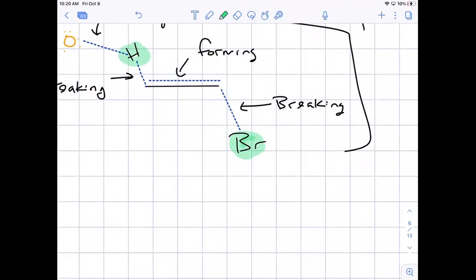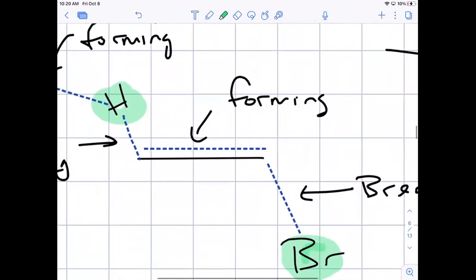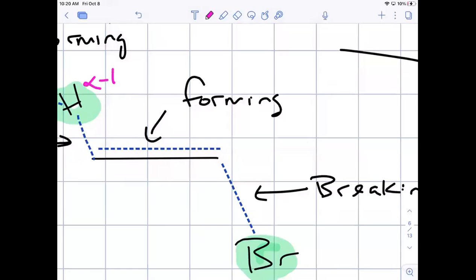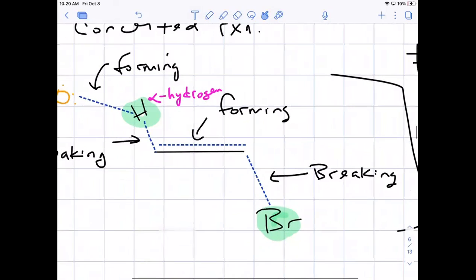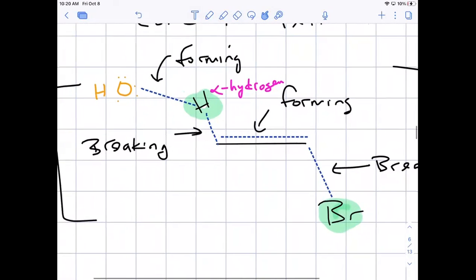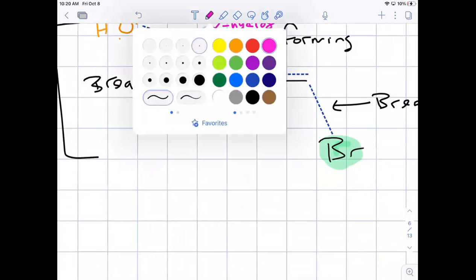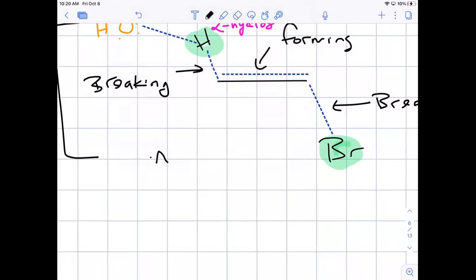So the alpha hydrogen that's here, let me write that in. The alpha hydrogen has to be on the opposite side of where bromine is. So we call that anti periplanar.